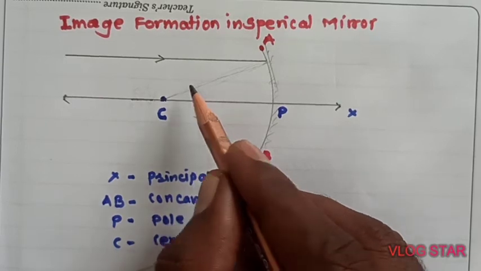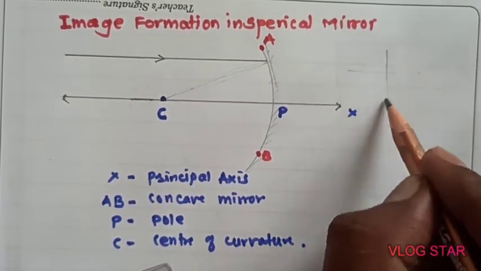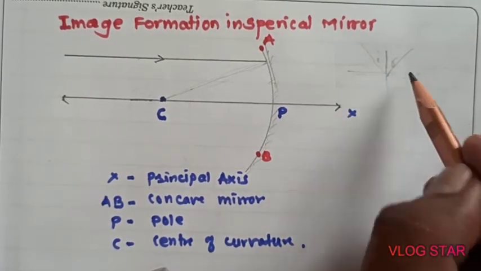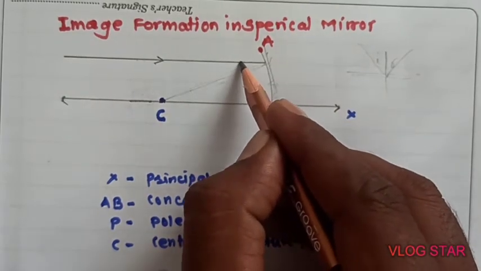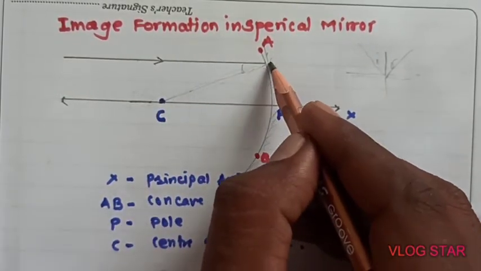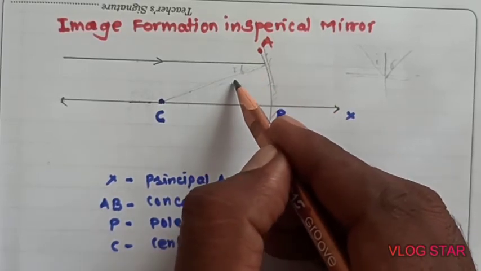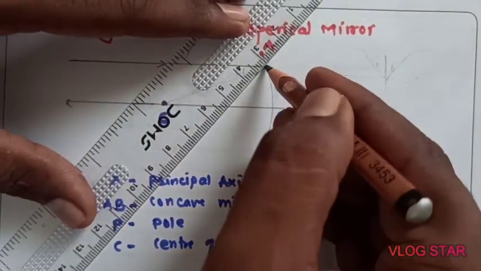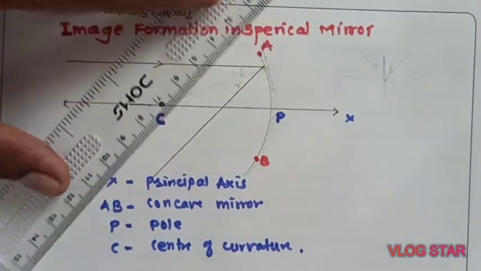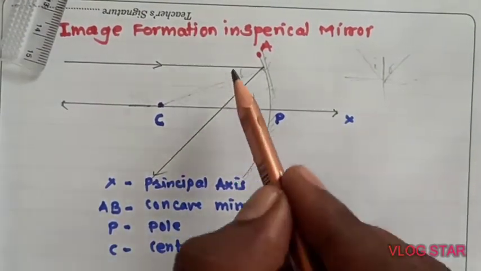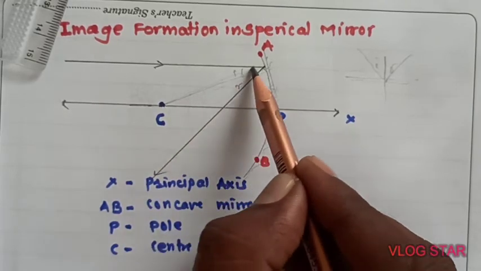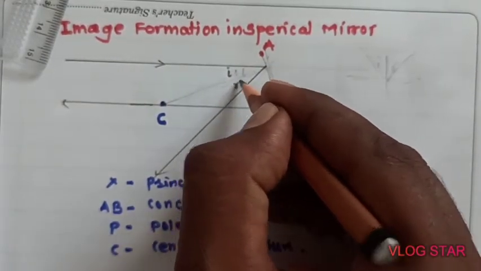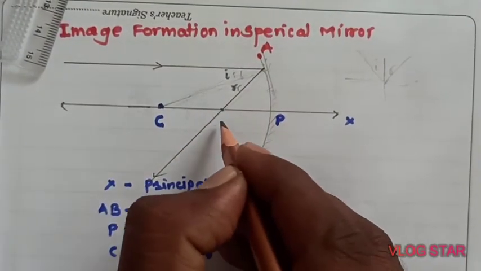So this radius works as a normal, as we have discussed in plane mirror. Angle of incidence is the same as angle of reflection. So this is the angle of incidence, because radius is the normal, perpendicular to tangent. Whatever I, the same R is formed here. So this ray would reflect like this. It follows that I equals R, because your normal is actually the radius of this curve. So here I is the same as R, and it passes through this point.